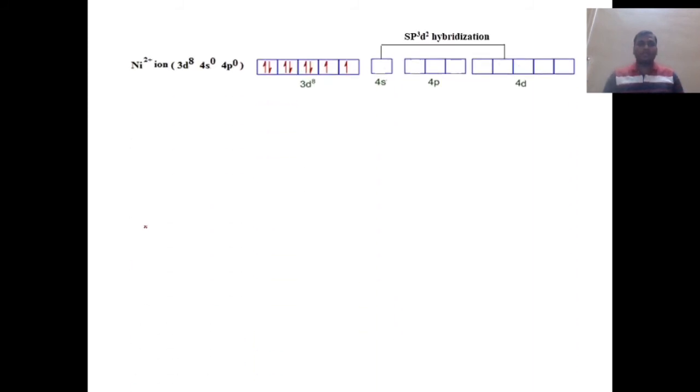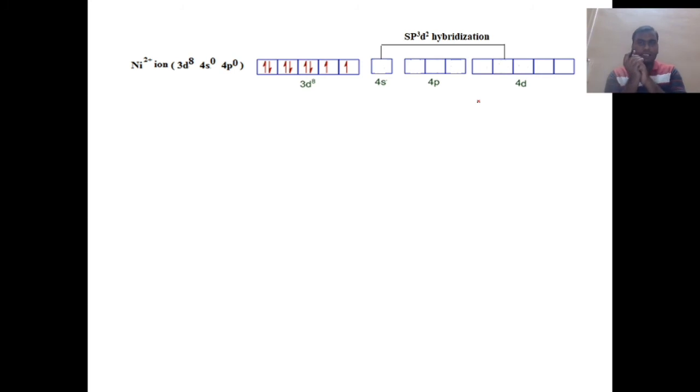So now what happens when nickel undergoes hybridization with 6 ammonia ligands? At that time what happened? The 4s, 3 4p orbitals and 2 4d orbitals were vacant or available for the hybridization.